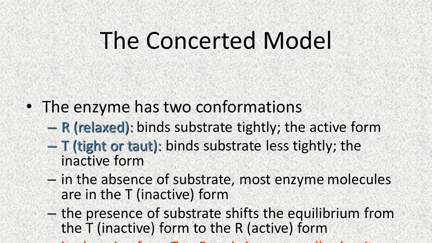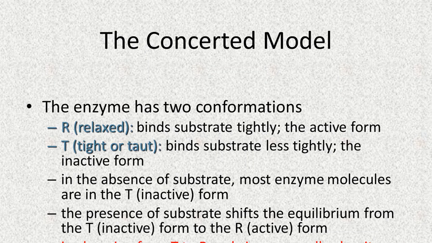R binds the substrate or the ligand, if it's not an enzyme, with a higher affinity. I hate saying the word tightly since it's relaxed, but it makes it more likely and easier for it to bind. Whereas the T has less affinity for the substrate or the ligand, so it tends to be the inactive form. There are some enzymes where they're both active, it's just that the T is less active than the R.